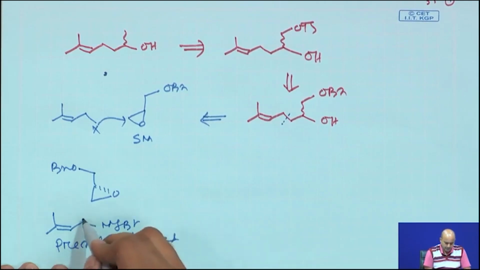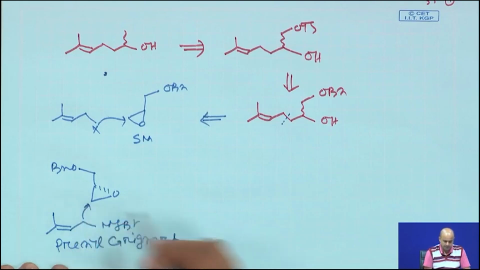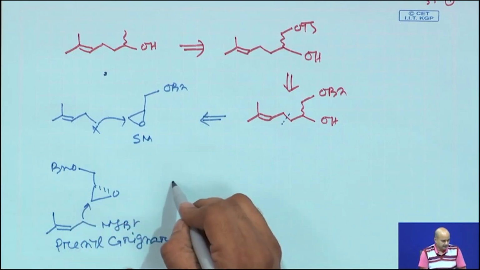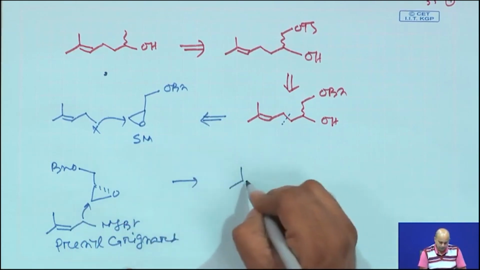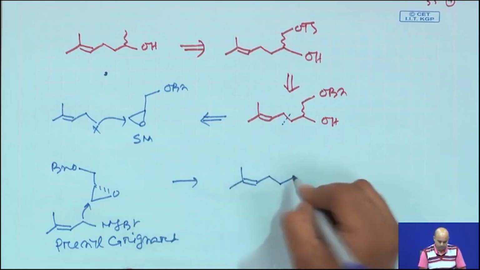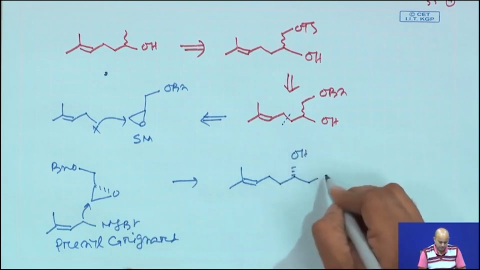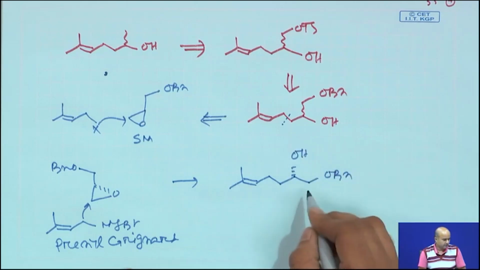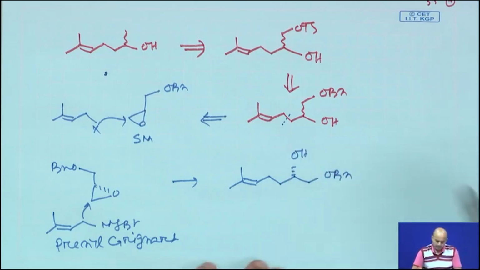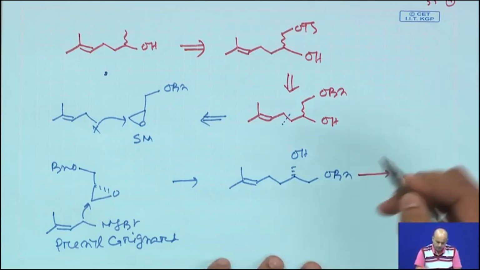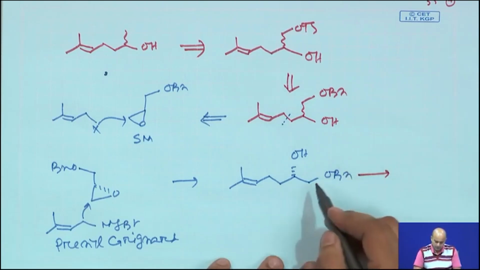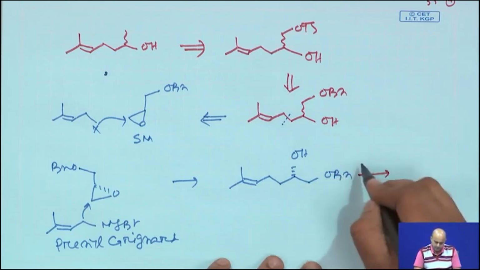This prenyl Grignard will open the epoxide at the less hindered site, and basically first you get this OH, OBn, very simple. So, we will continue the synthesis. What you need to do is convert this benzyl to tosylate.